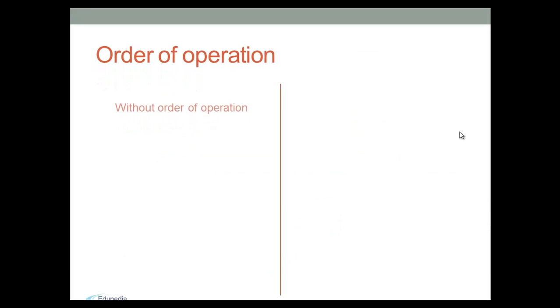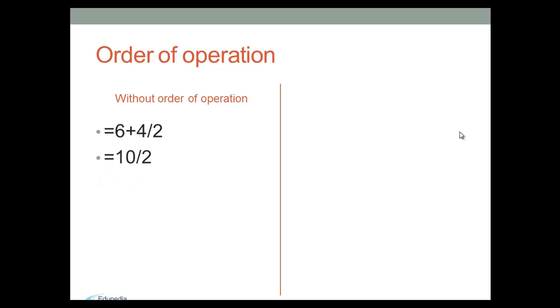For example, if we have a formula of equals 6 plus 4 divided by 2, without the order of operation, this formula will be calculated from left to right. First, 6 plus 4 will be added to each other and it will give us 10.